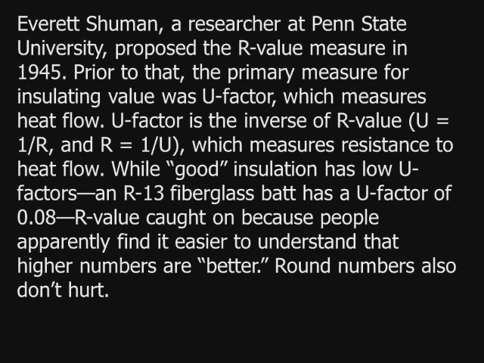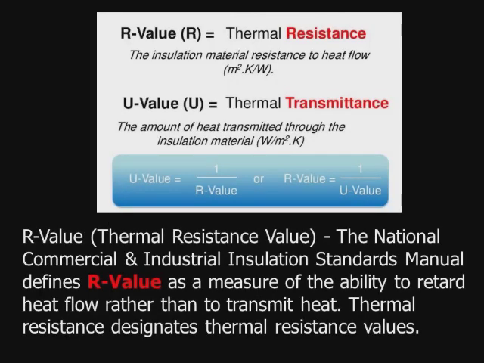So, just a quick overview of some of these terms. R value is your resistance to heat flow. Whereas your U value for a material is the actual amount of heat transmitted through that insulating material.